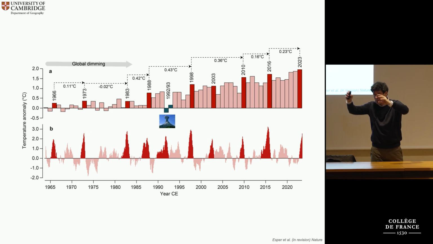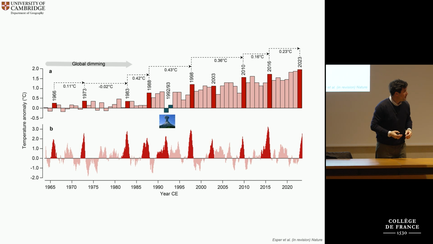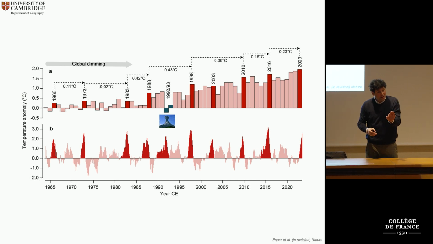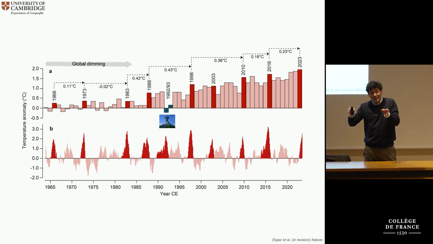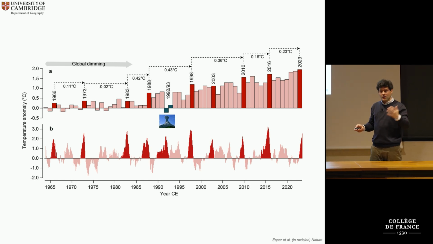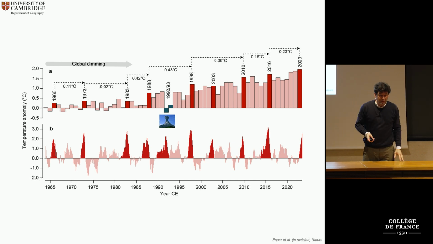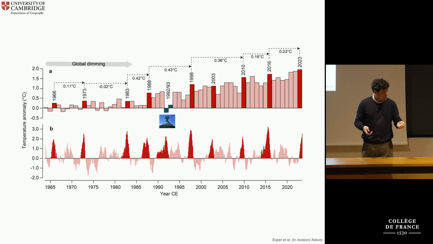Superimposed on this long-term trend, we have the effect of a yet unfolding El Niño event. So it is most likely that 2024, this year, will be even warmer, right? Okay, but now, if we say, oh, the last year was the warmest of the last 100 or even 150 years, that is a strong statement.